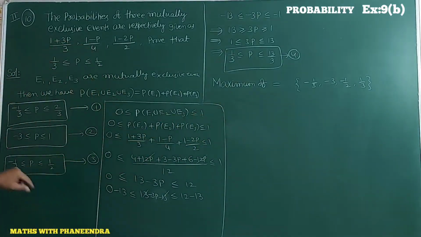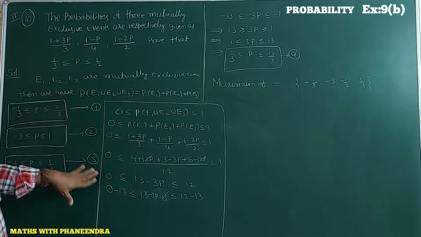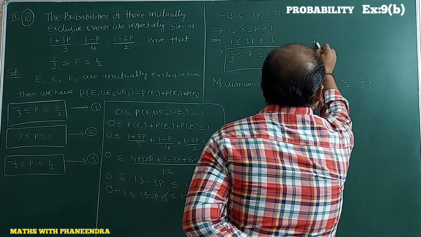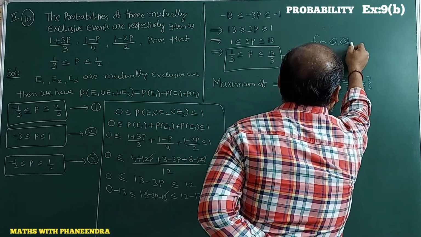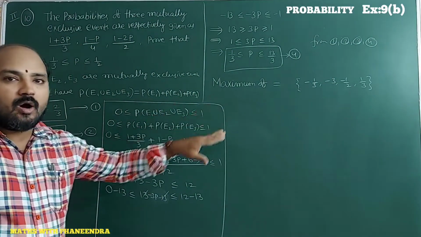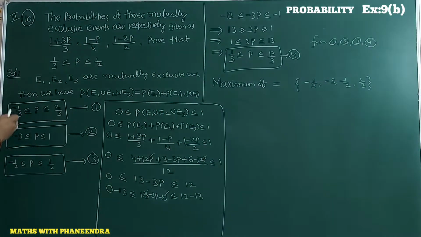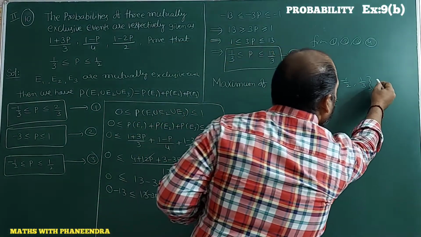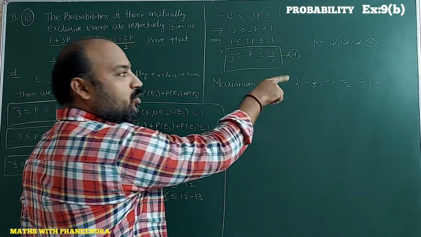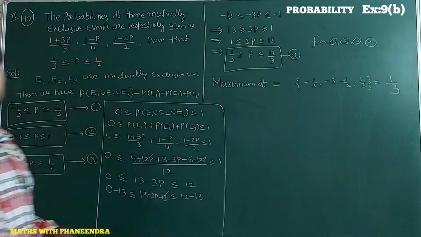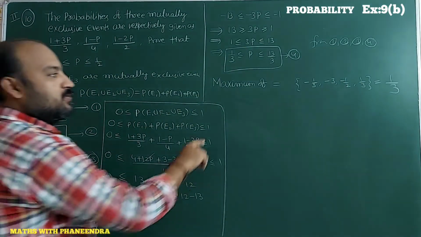After getting these 1, 2, 3, 4, from 1, 2, 3, 4, here we have to write the conclusion. So first, maximum of these side values: minus 1 by 3, minus 3, minus 1 by 2 and 1 by 3. Among these values, which one is maximum? All are negative, only positive is 1 by 3. So it is 1 by 3, that is this probability.